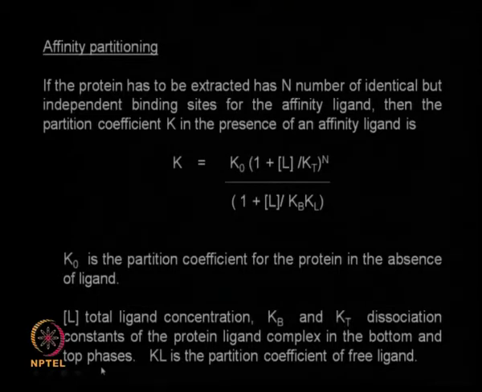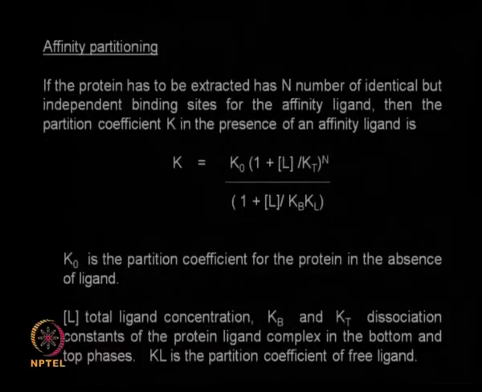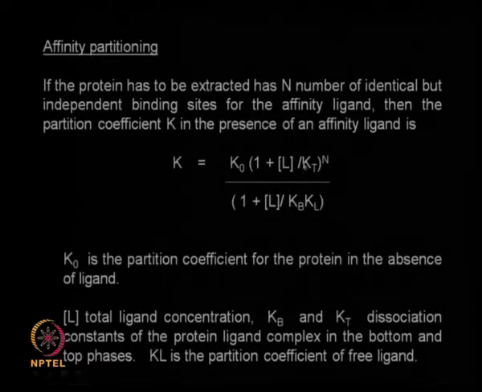The protein ligand complex may be present in the bottom, that means the heavies or the raffinate, or it may be present in the lights, the top or the solvent phase. So it can dissociate in the heavy phase or in the light phase, and the dissociation constants may be different. That is why you have KB, the dissociation constant in the bottom, and KT, the dissociation constant in the top.